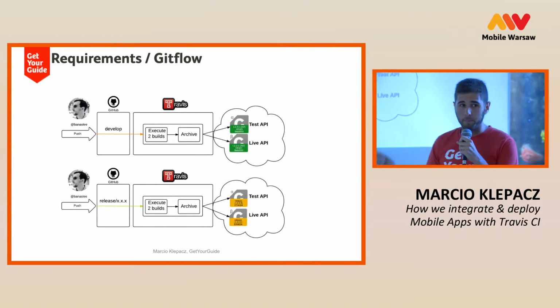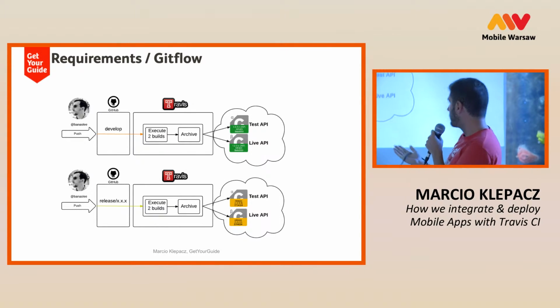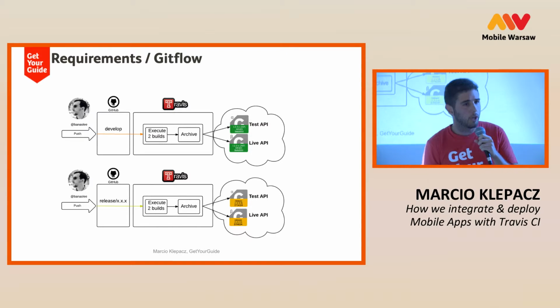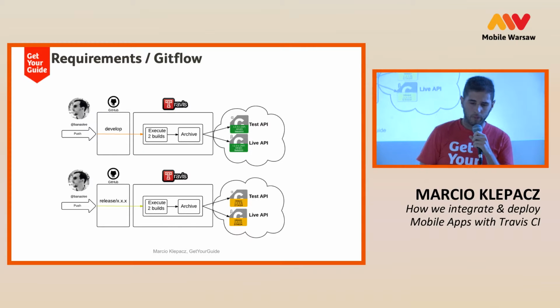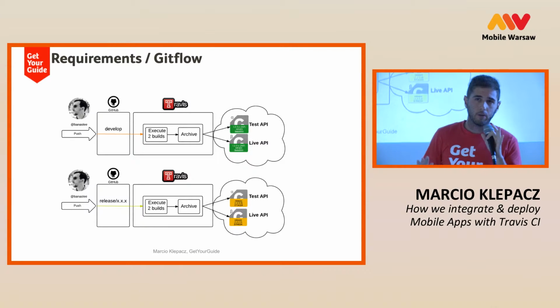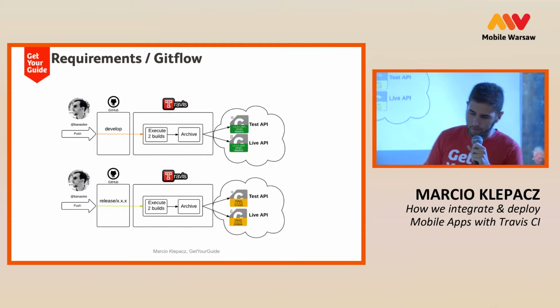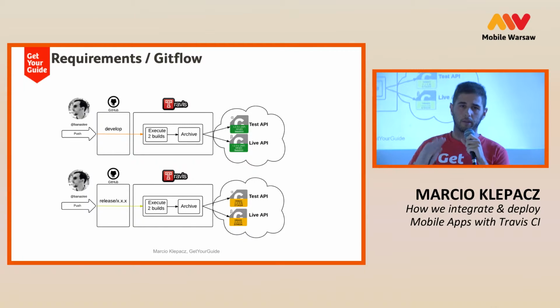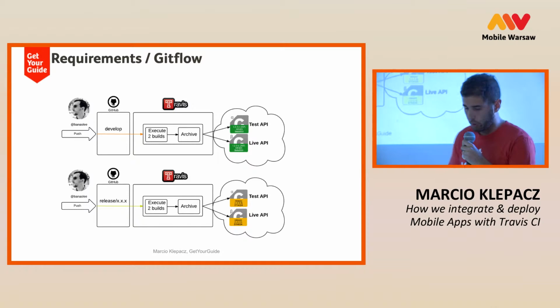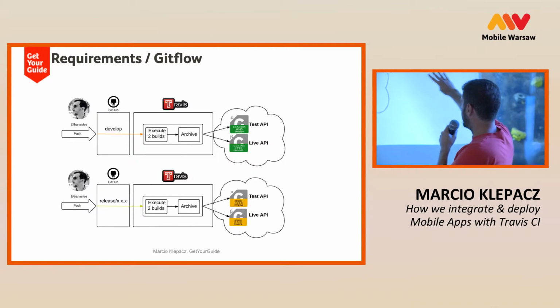Okay, and if he pushes something to a release branch, for example after he finished whatever he was working on and wants to ship it, and the product manager wants to check if everything is fine, we also want to generate another pair of binaries so he can test it. So we're going to have 4 binaries in total.